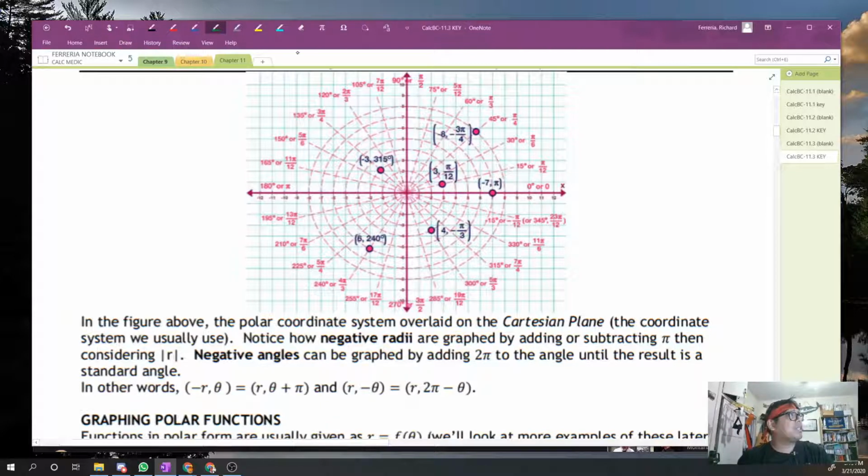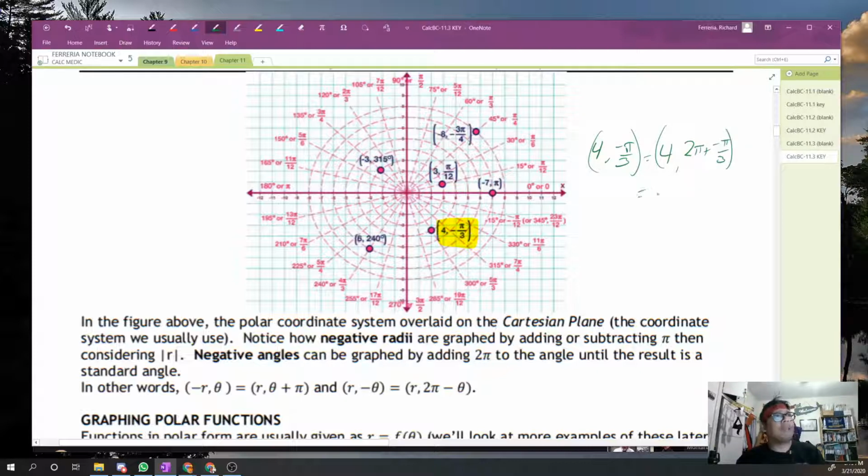Well, over here, this is the example that we're really going for. It has a theta of negative pi over 3. So what would that be if we turn that into a positive? Well, you should remember that since we are periodic in terms of 2 pi, if I just add 2 pi to that, then negative pi over 3 is equivalent to 2 pi plus negative pi over 3.